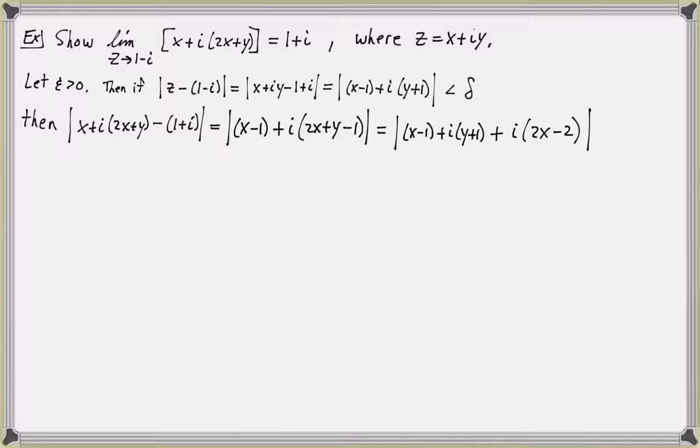And now I'm going to use the triangle inequality to break this up, so this should be less than or equal to the absolute value of the quantity x minus 1 plus i times y plus 1, which we've already shown is going to be less than delta, plus the absolute value of i times 2x minus 2.